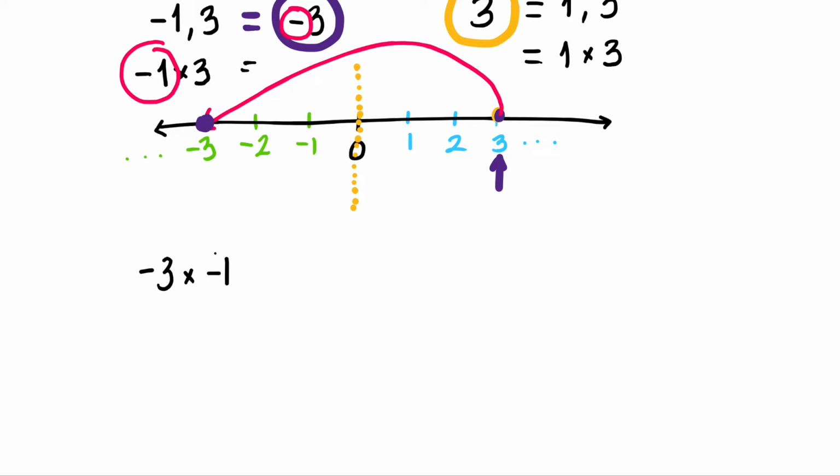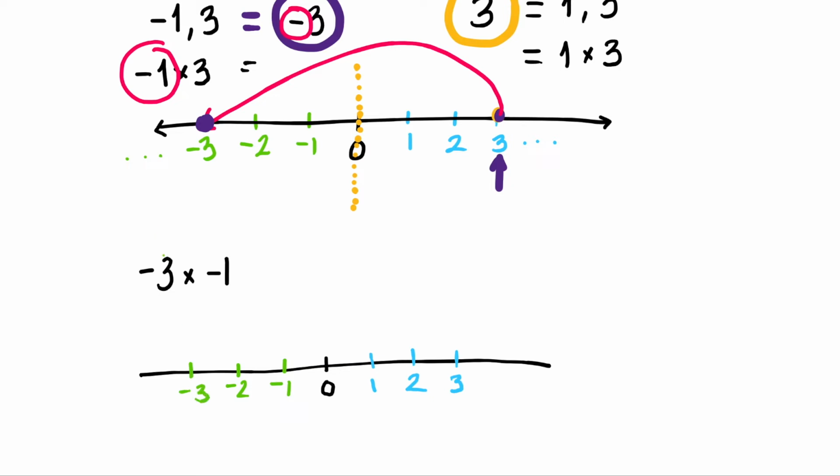So that negative 1, what is it going to do? If I draw my number line here again, I put my 0 in the middle, and then my positive 1, 2, and 3, and my negatives, I'm going to do them with green as well, negative 1, negative 2, and negative 3.